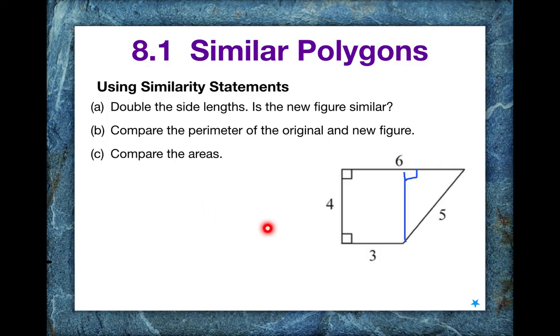And then take the new figure and chop that up. You will find that the area is going to be the scale factor squared for that new area. So that's similar polygons, and we're going to be talking a little bit more about that in the next day we get together in class.